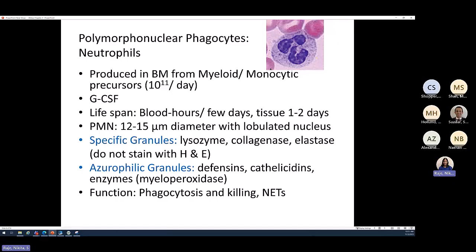Versus sometimes the microbe is large so that they are not able to phagocytose completely, and in those circumstances these neutrophils will extrude their nuclear contents onto that microbe and form what are known as neutrophil extracellular traps, or nets.